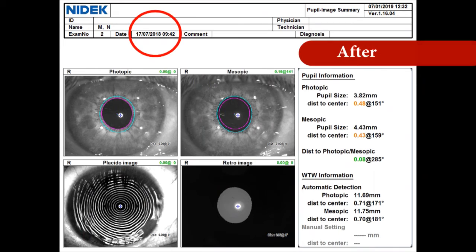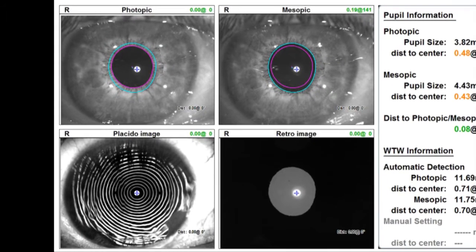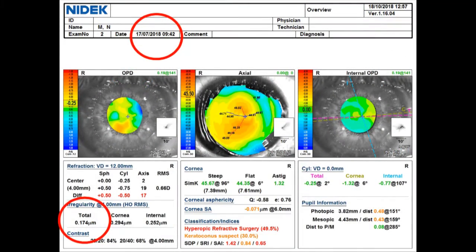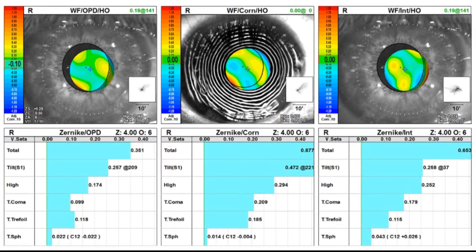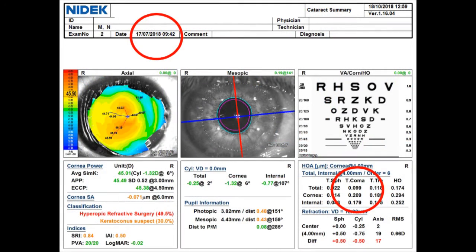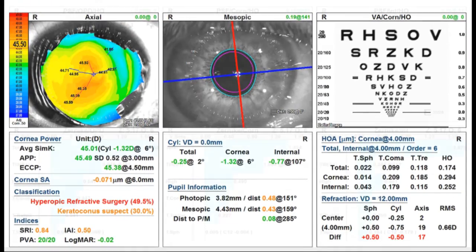To our surprise, the postoperative OPD scan displayed a decrease in HO-RMS, 0.174 microns, a slight increase in the spherical aberration, and a significant decrease in the coma values, as seen on the screen. It's worth mentioning the final refraction or spherical equivalent close to plano, which is one of the major components in the final vision quality.